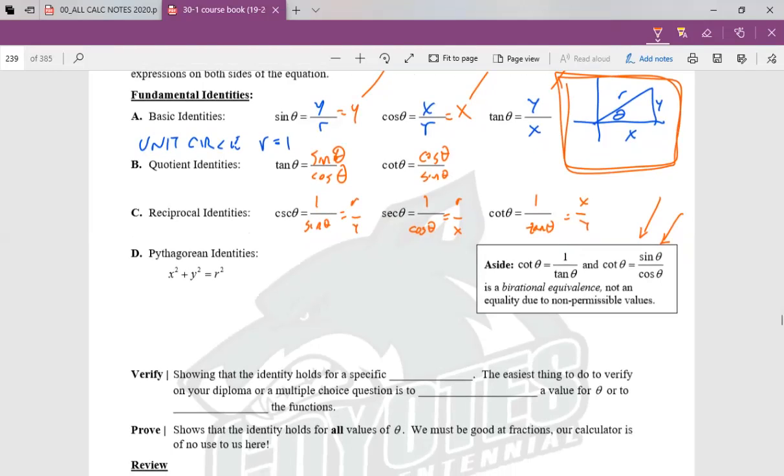Notice that if I take this and divide each term by r squared, I divide x squared by r squared, y squared by r squared, and r squared by r squared. Then we have x over r all squared plus y over r all squared is equal to 1.